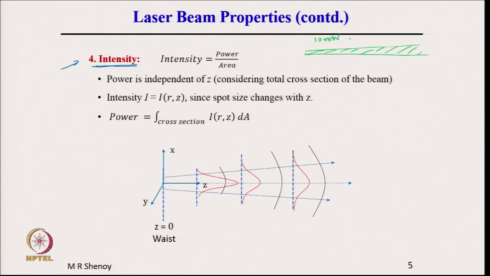Then if A is the area here, the intensity of the beam is I equal to the power P divided by the area. This area A is the cross sectional area.